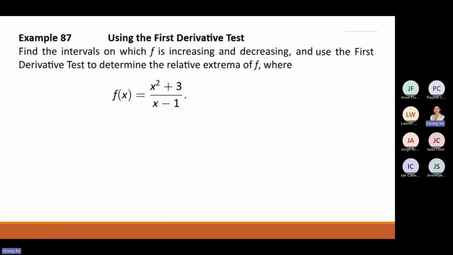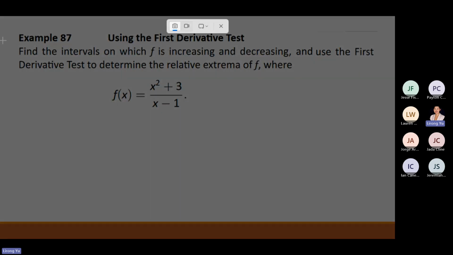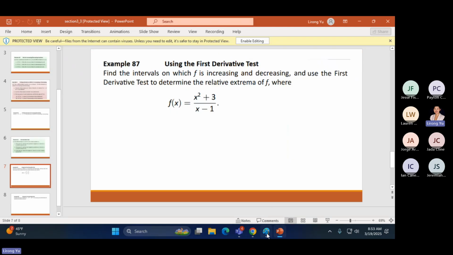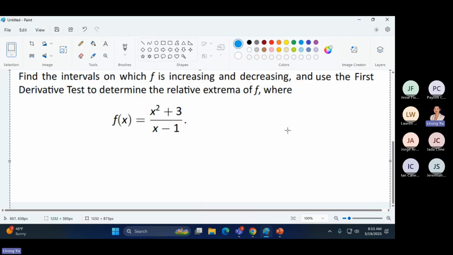So you have to immediately take out the number 1 before you can do anything else. That's called the implied domain of the function. Before we can do any other calculus procedure, we have to identify the problem point and the domain of the function. So let's copy this question over, and we're gonna do the first derivative test.